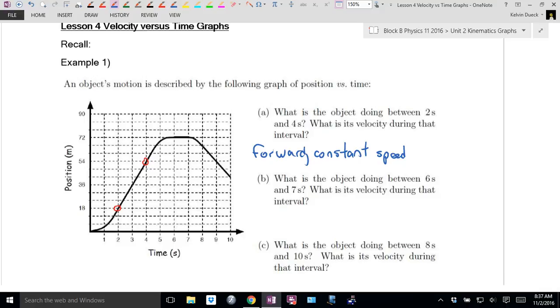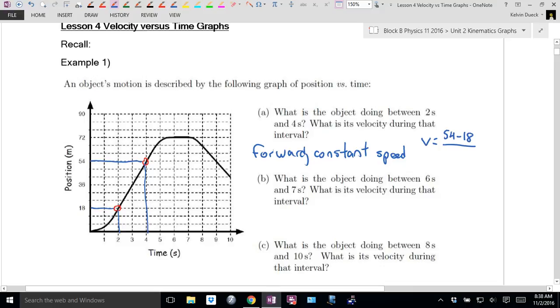Since that interval is a nice straight line, we don't need to get a ruler out and lay it down and do the instantaneous curve trick. I think we can just go rise over run of that little linear chunk. I know the overall graph is curved, but there's a nice little linear chunk. I think if I read across, I have a height of 54. I have a height of 18. I think the speed is going to be 54 take away 18 over 4 take away 2.